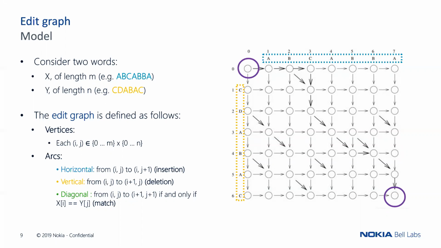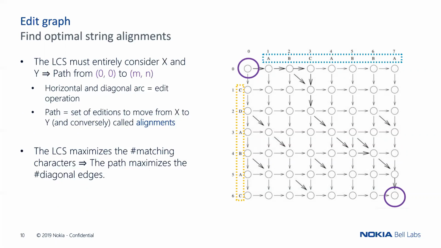Among all those sets of edit operations, some of them are optimal in the sense of the LCS distance. And those paths are precisely those that maximize the number of diagonal edges.